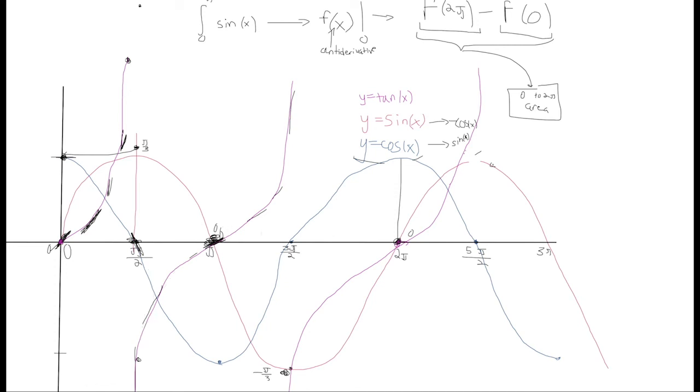Okay, and then as we go on, we get a positive value again, right? So another positive value, and then it's going to keep repeating that. We're going to go back down to 0 over here. Then we're going to go back up to a really high number over here.